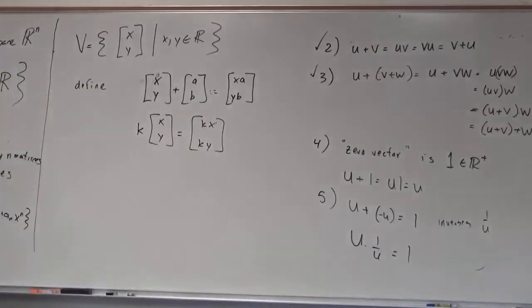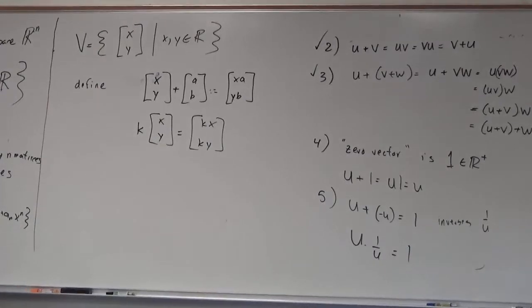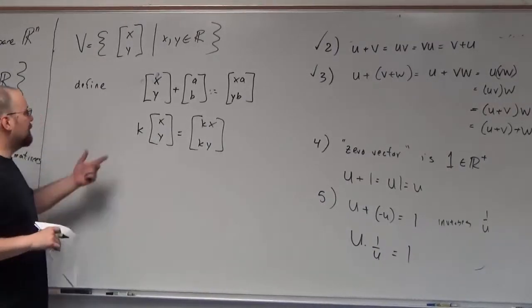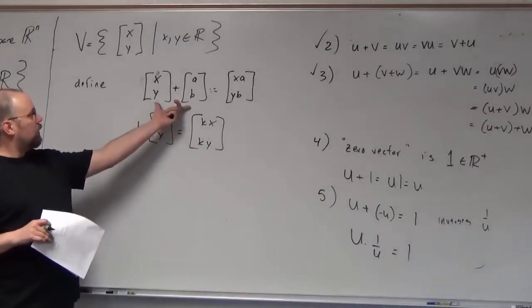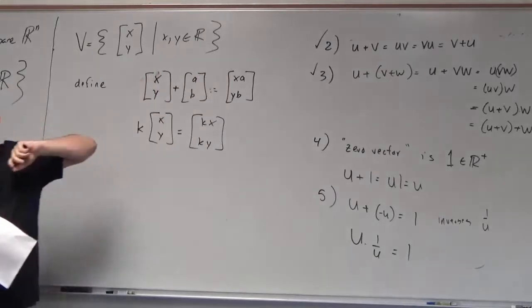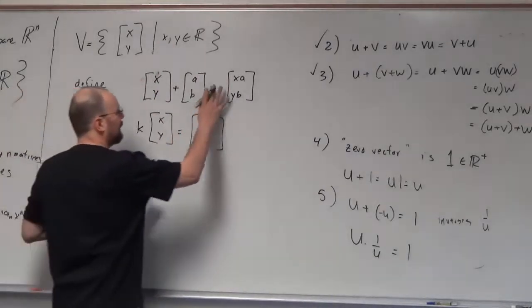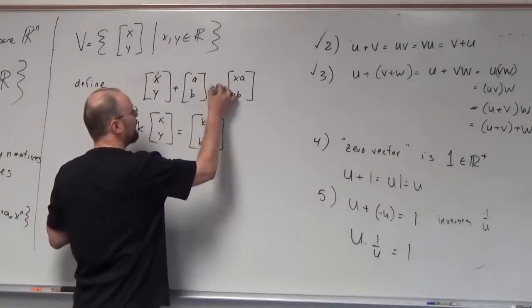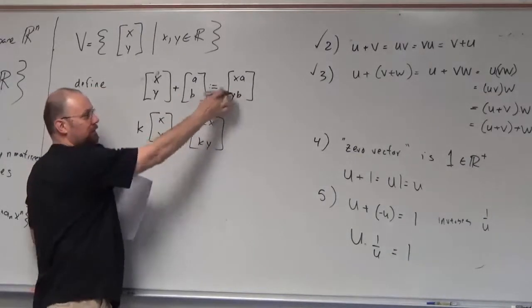Okay, so this is closed under addition. Well, yeah, I mean, this shows it. You take two ordered pairs, you add them in this fashion, you get an ordered pair. This means we're defining the addition to be the following.